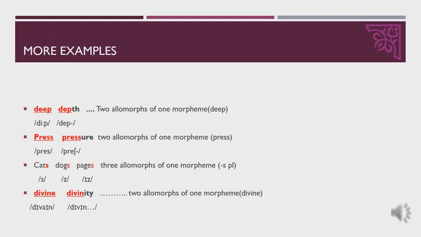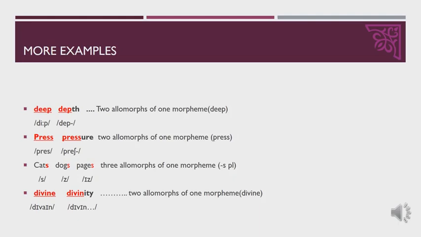But when we add the derivational suffix -ity, divine becomes divin, because the word is pronounced as divinity. So we have divine and we have divin after adding the -ity. So notice we have two pronunciations, two different allomorphs of the same morpheme.